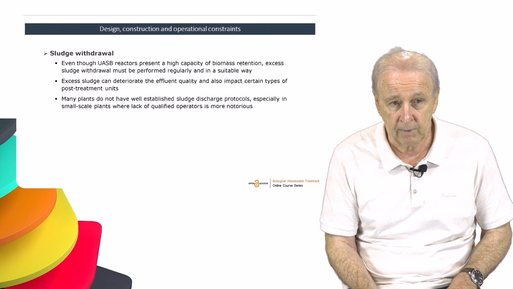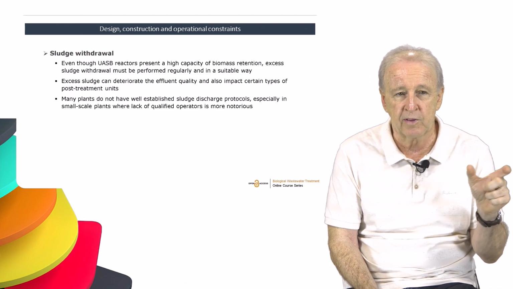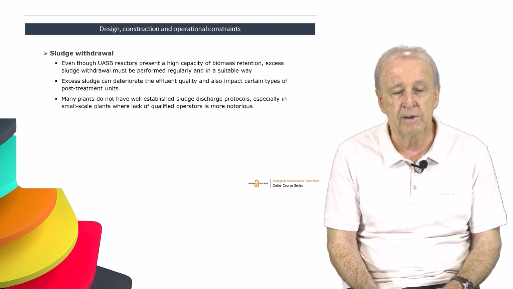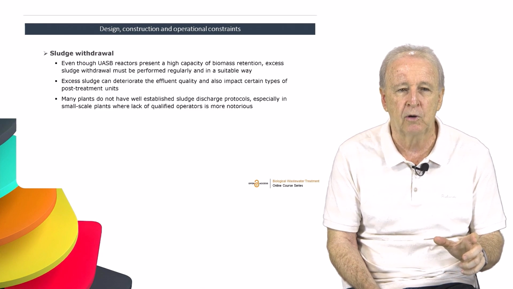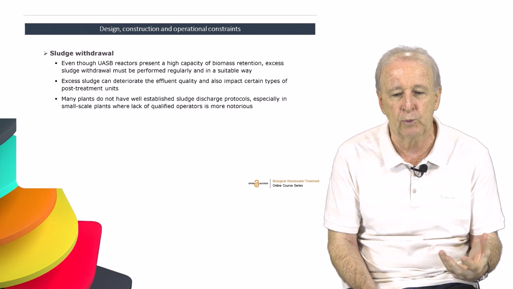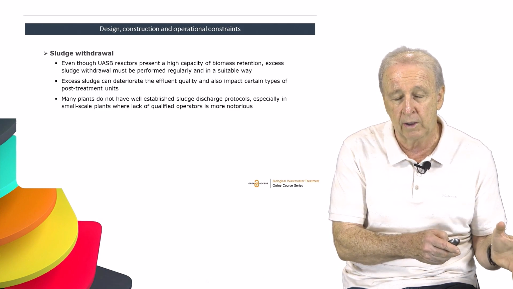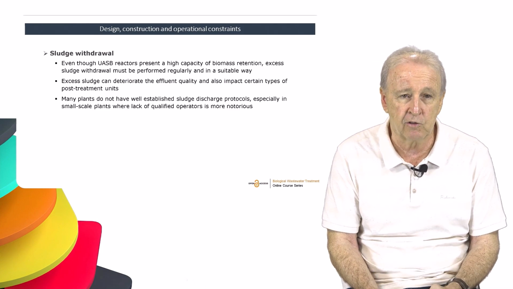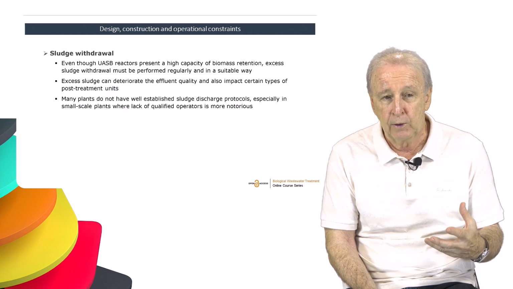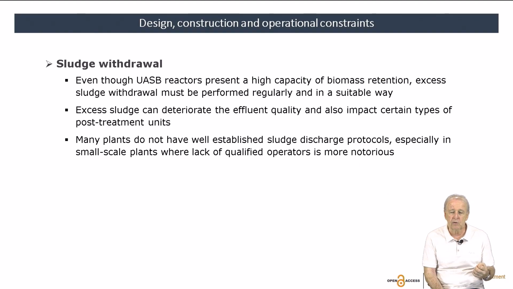Sludge withdrawal. This is related to the dehydration equipment or way that we choose, natural or mechanized. We know that USB reactors present a high capacity for biomass retention, but excess sludge should be removed on a regular basis.